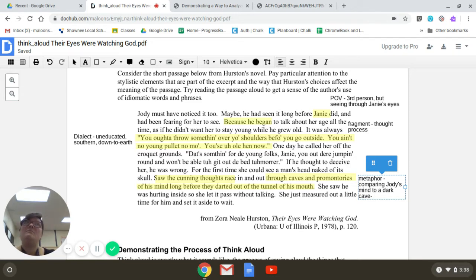Right? So maybe she's saying that there's a lot going on with Jody under the surface that people don't see. And she says she's seeing these thoughts race through his brain before they come out of his mouth, right? So maybe there's a lot more to Jody than he lets on.